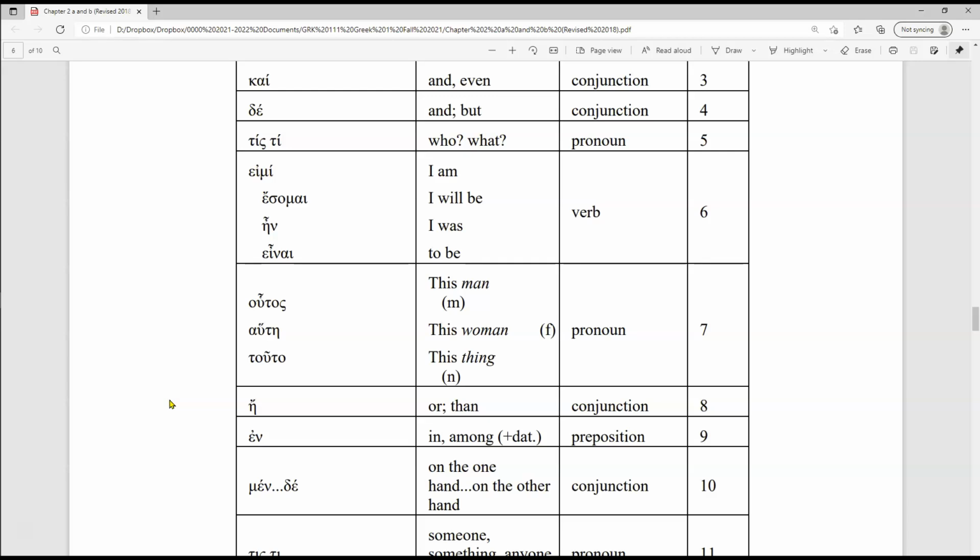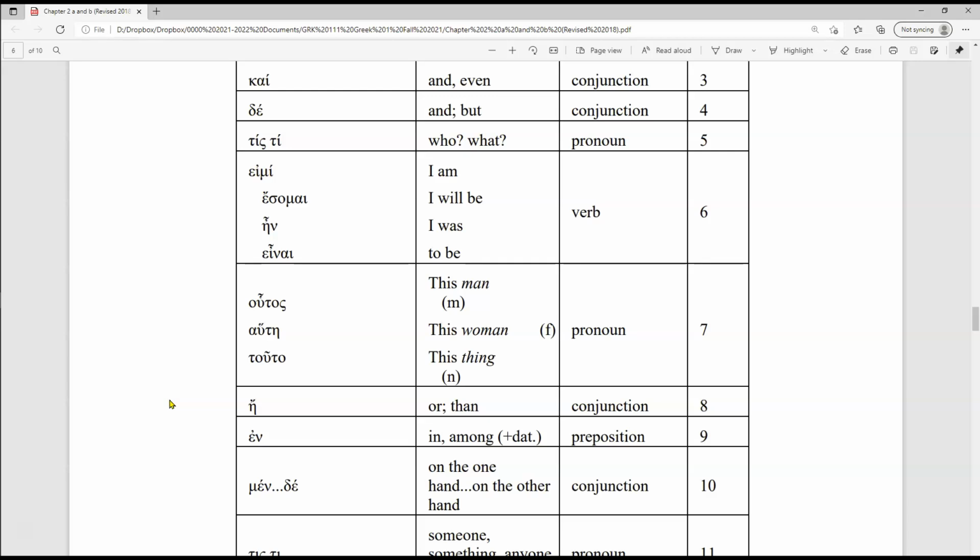Now we have our first verb. So this is the verb I am. These three forms are extra credit forms, so I'm not expecting you to write those. If you write eimi, I am, you'll get full points. But this word is I am, this is I will be, this is I was.